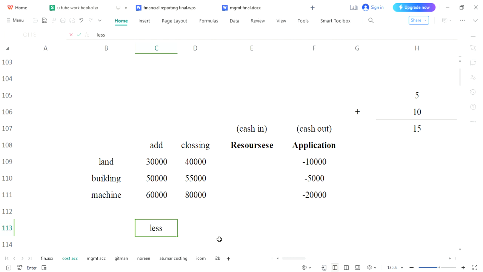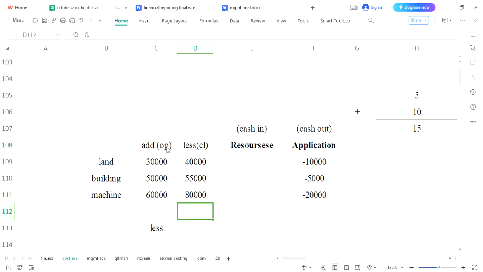as you know, here we write opening and less closing for assets, and we will be doing over here just the opposite: less opening and add closing for liabilities.